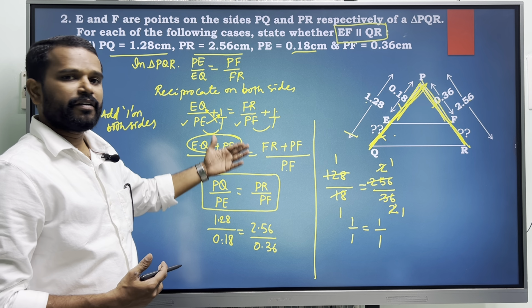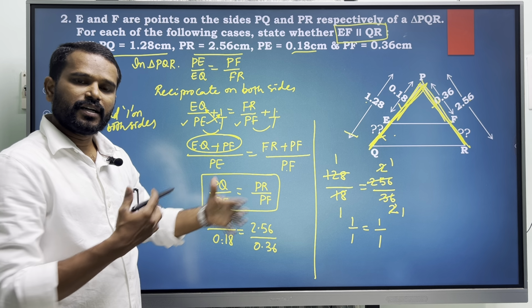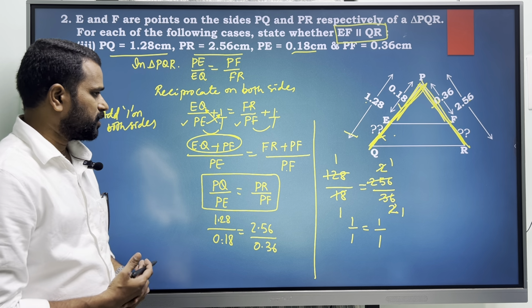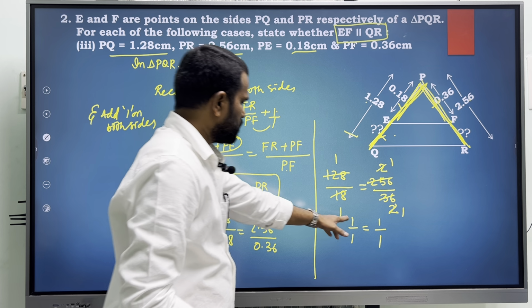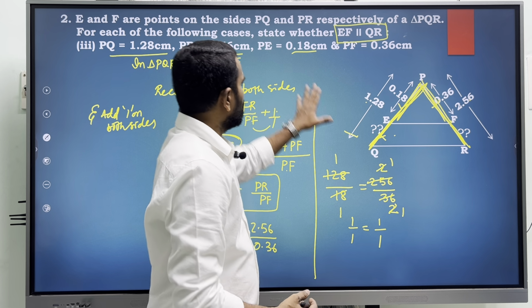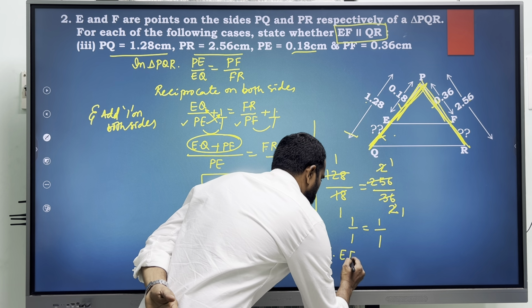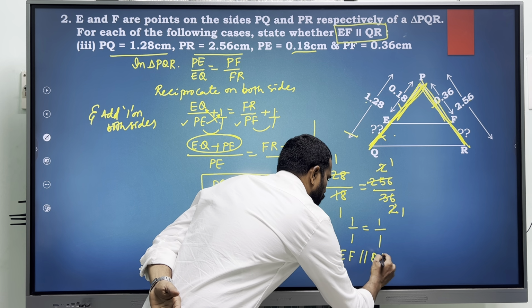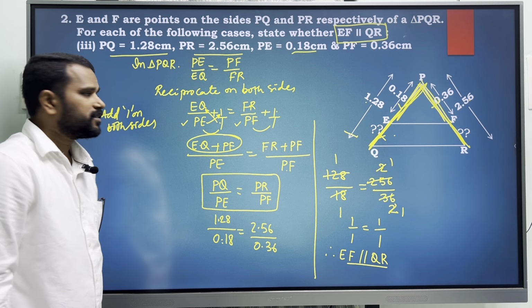You can check my video on BPT, the basic proportionality theorem, in which I have written this. Now the ratios are equal, so we can say that therefore EF is parallel to QR. Understand?